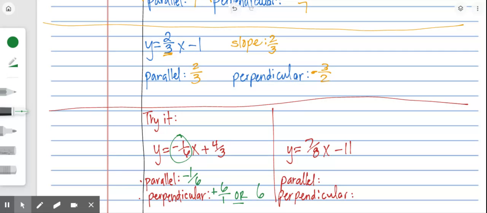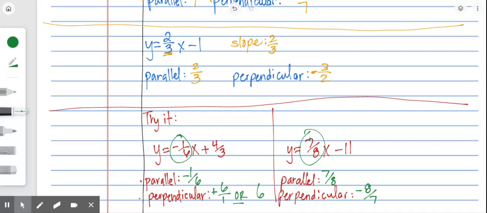Okay. All right, how about 7/8? 7/8 is the slope for this equation. So parallel is 7/8 also. And perpendicular is going to be the opposite reciprocal. So the opposite to positive 7/8 is negative 7/8. And we flip it over for the reciprocal, 8/7. Okay, so if you got those, awesome job on that.